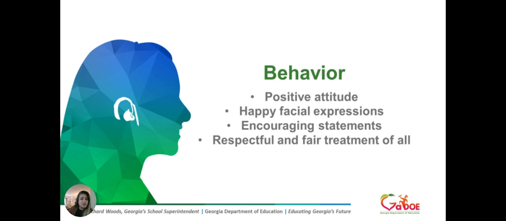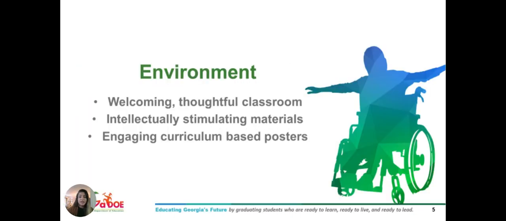Also being respectful and fair to all. Every day is a chance to wipe the slate clean when it comes to behavior. So just being able to have that positive attitude toward the students is going to go a long way. And I promise you, if you're speaking a certain way and expecting a certain type of environment in your classroom, that's going to be mirrored in how your students treat each other.